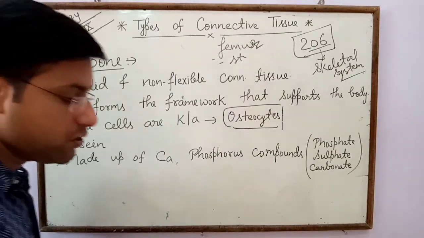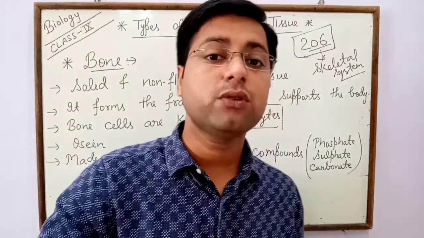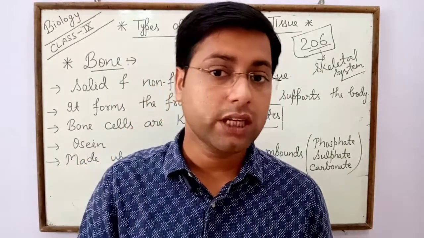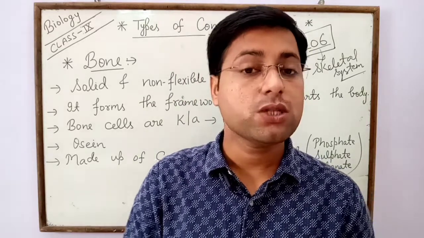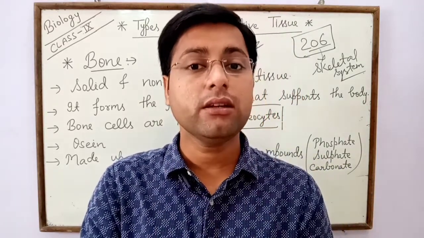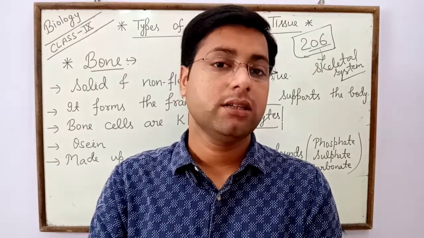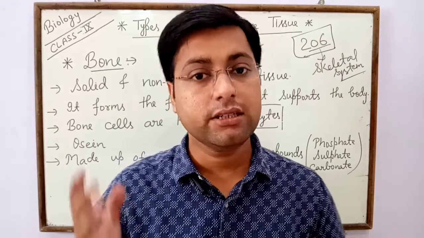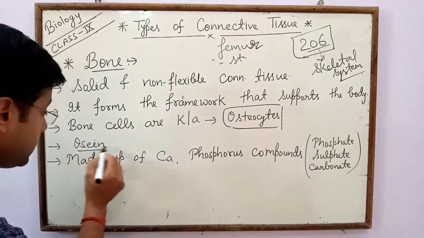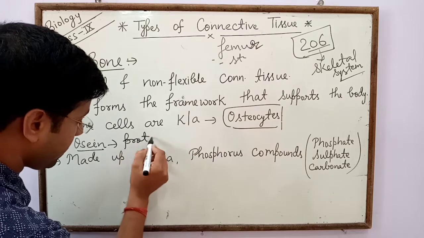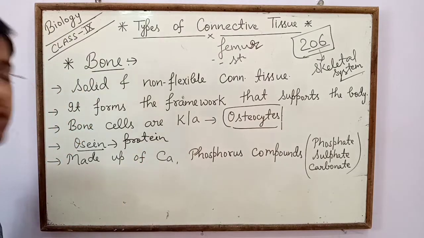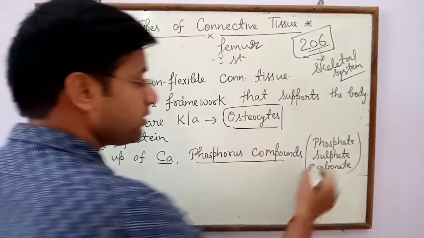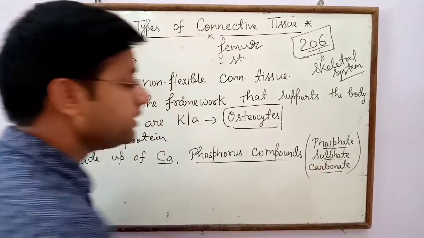The second question is: which protein is responsible for the formation of bones, or which protein is present in bones? That is ossein protein. Ossein protein is responsible for the formation of bones. Bone is also made up of calcium and phosphorus compounds, that is phosphate, sulfate and carbonate.